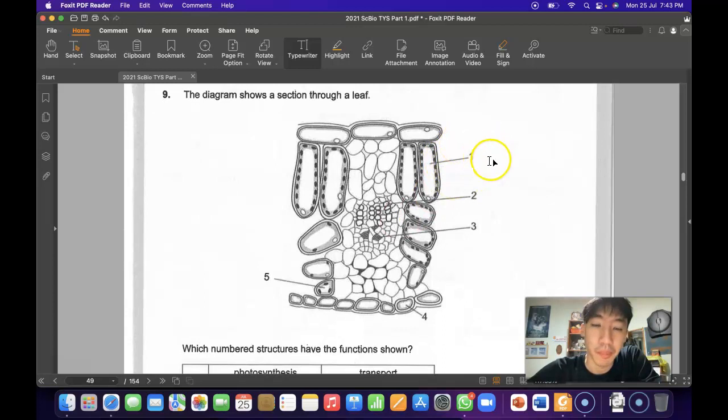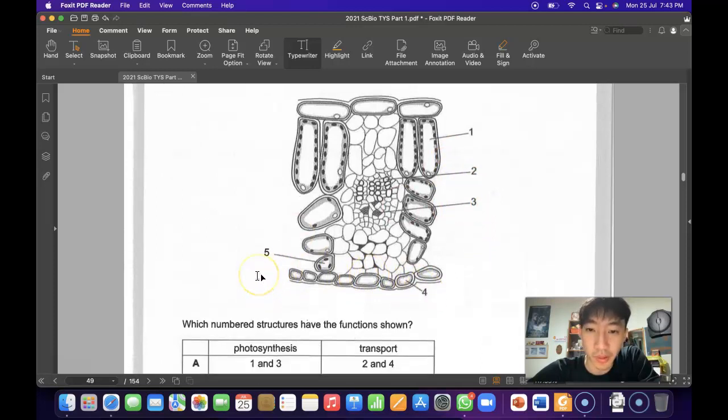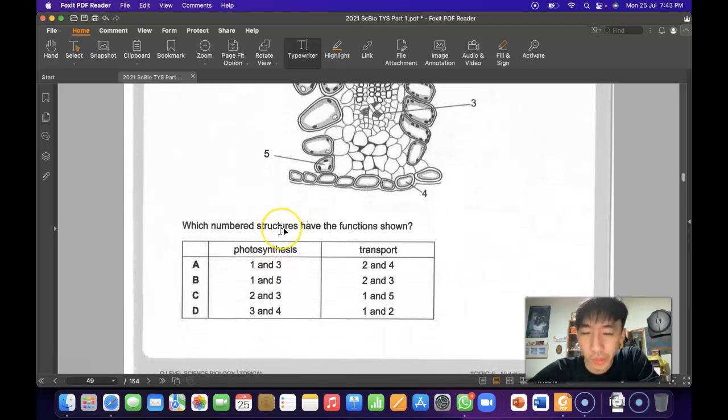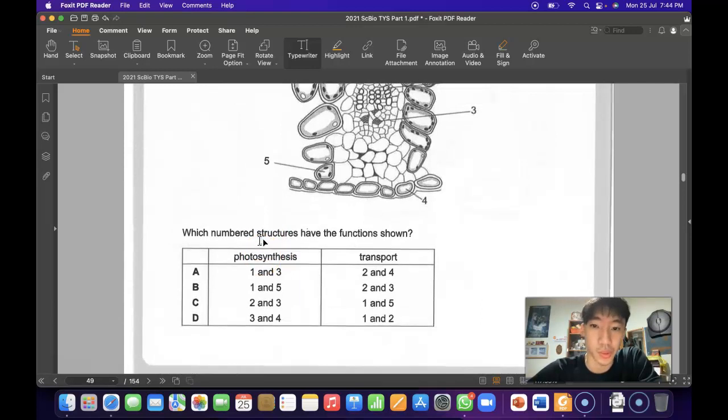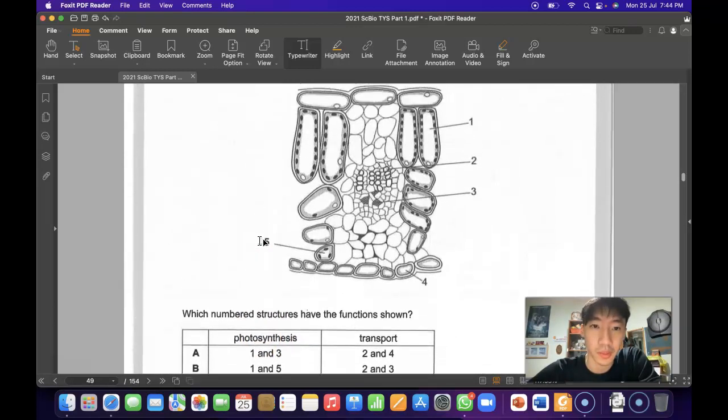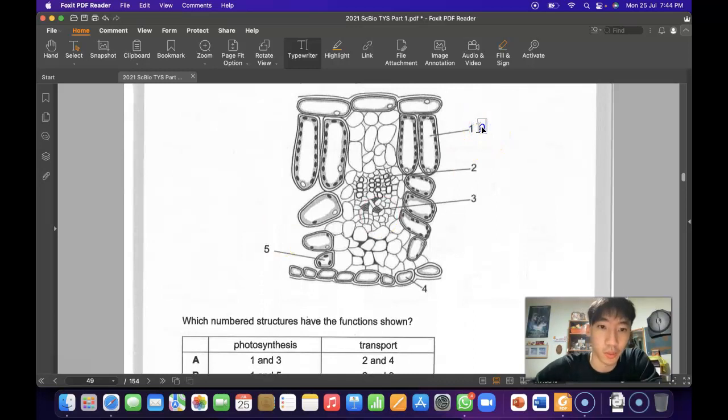Question 9. Upper epidermis, xylem, phloem, lower epidermis, spongy mesophyll cells. Which numbered structures have the functions below? Photosynthesis. Which one has photosynthesis? 1 has photosynthesis. 2 doesn't, 3 doesn't, 5 has photosynthesis.